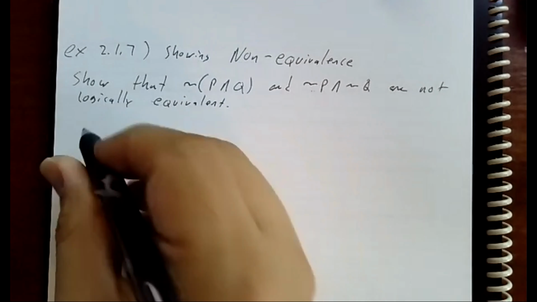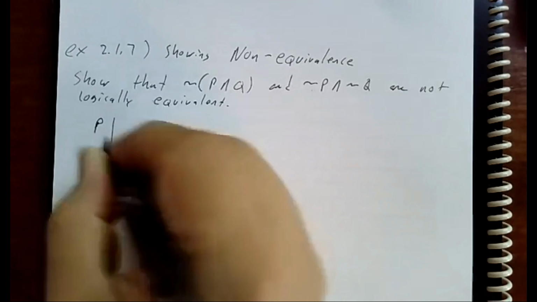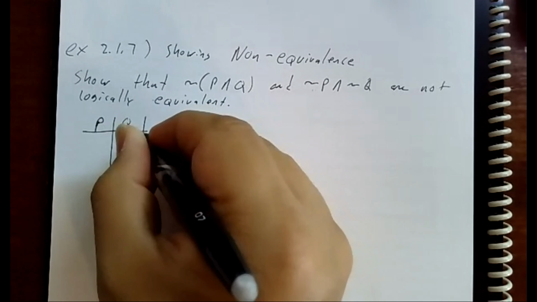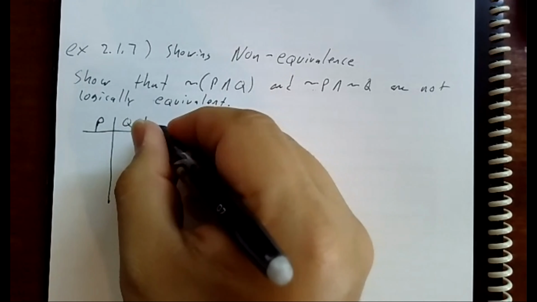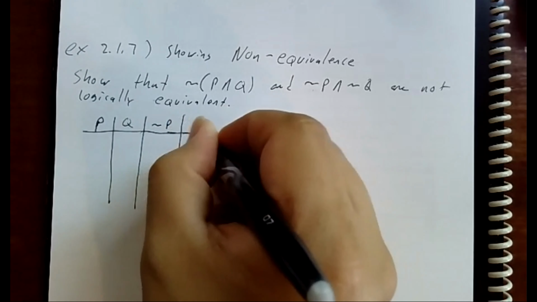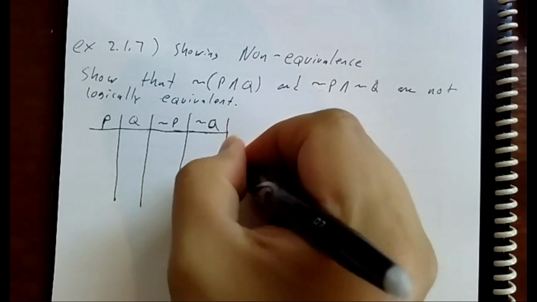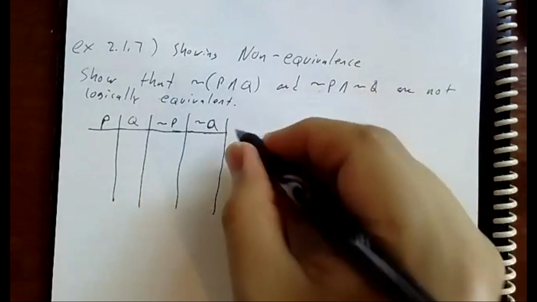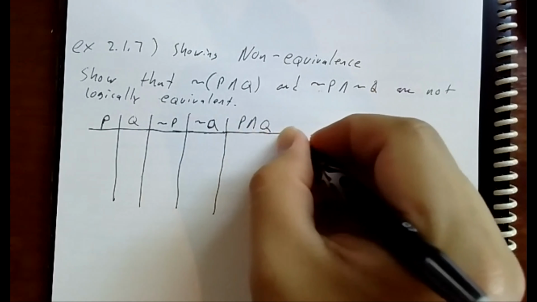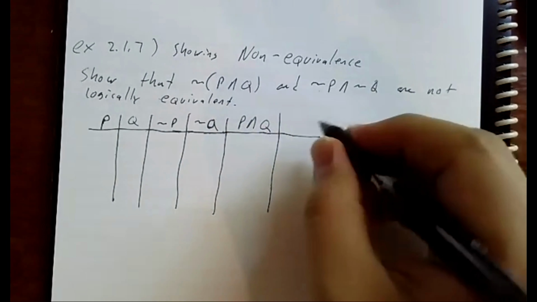So here we go. Let's do a truth table for all these possibilities. I gotta do P, Q, and then we gotta do not Q. Then I gotta do P and Q. Then I have to do, what else?